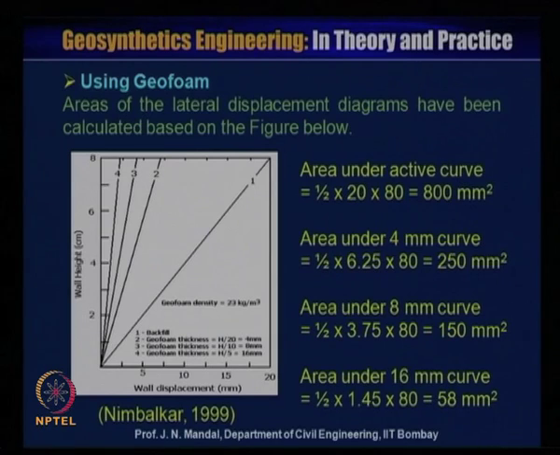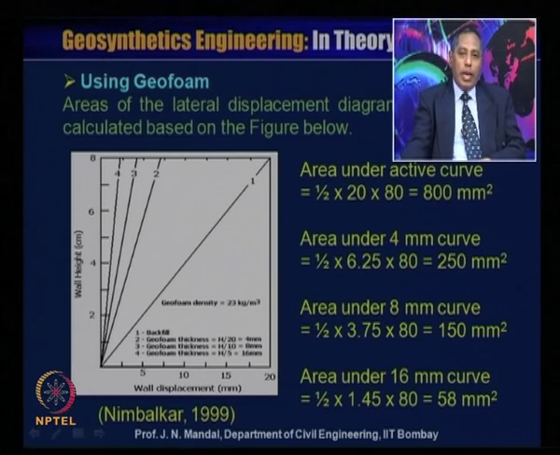So you have to calculate the area of the lateral displacement diagram, calculated based on the following figure. Now area under the active curve, so here this is 8. From here to here is 20.